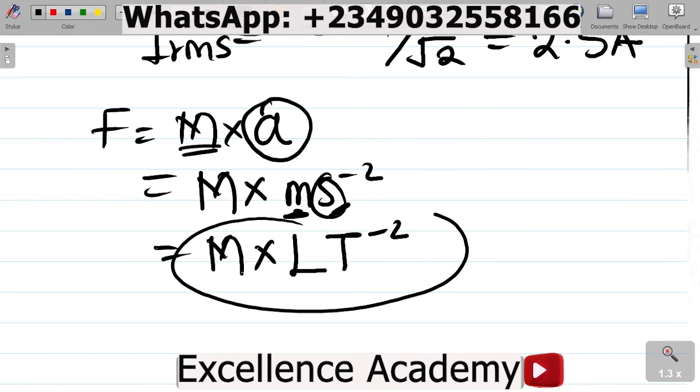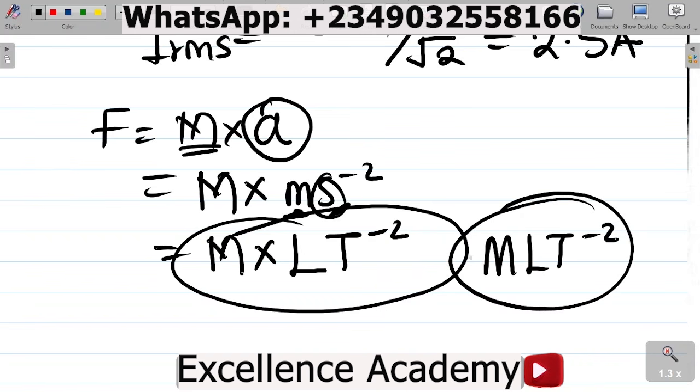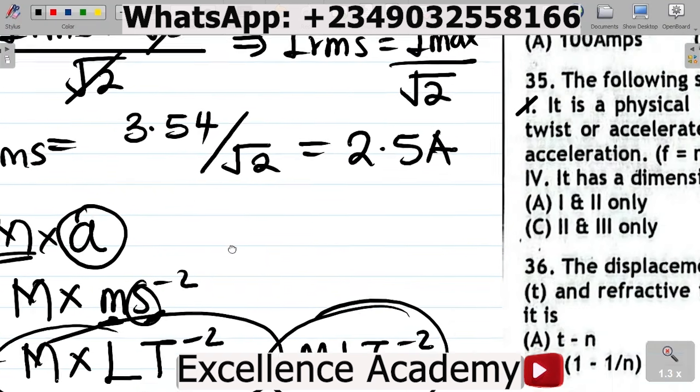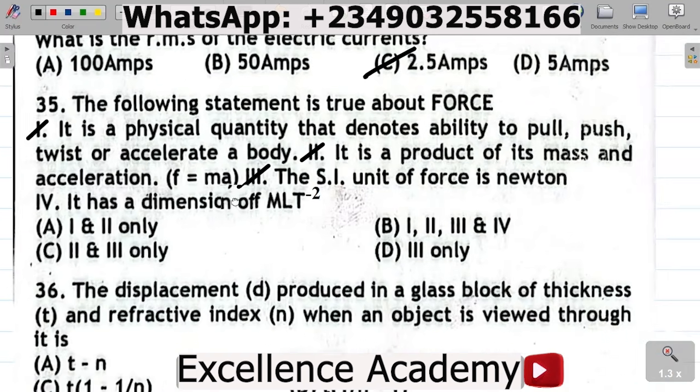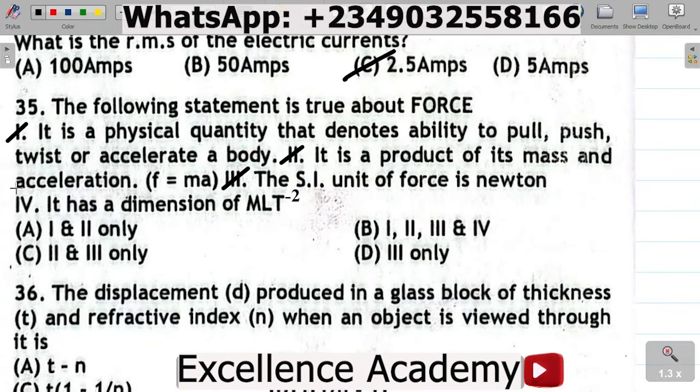That becomes M times L times T to the power minus 2, which is simply MLT to the power minus 2. This is the dimension for force. Yes, that means 4 is also correct. That means all of them are correct. So the correct option here is B, I, II, III, and IV. Yes, they are all correct.